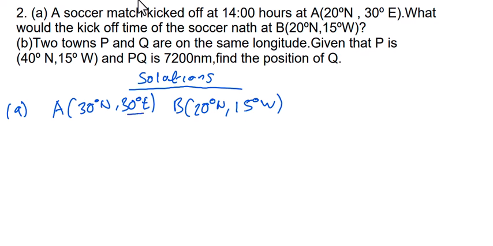Our longitude, since they are running from east to west. So we're going to say 30 degrees plus 15 degrees, which is equal to 45 degrees.